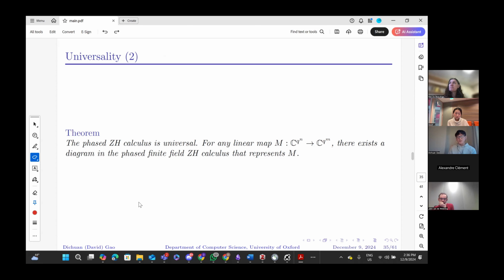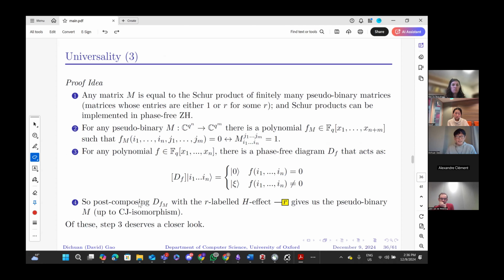I might have to go through this proof very, very sketchily, but the idea is essentially I'm going to reduce the question of constructing any matrix first to the question of constructing pseudo-binary matrices. Pseudo-binary just means a matrix whose entries are either 1 or r for some fixed r.